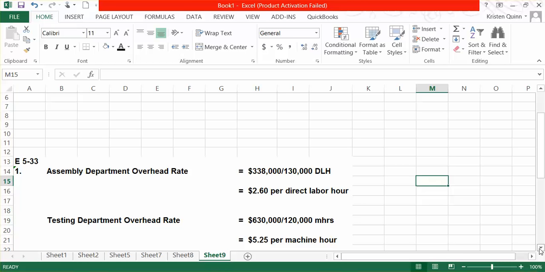We use the estimated predetermined overhead rate and we multiply it by the actual amount of cost driver consumed in each department. Remember, when you're dealing with departmental overhead rates, you are typically going to be dealing with two different types of cost drivers.